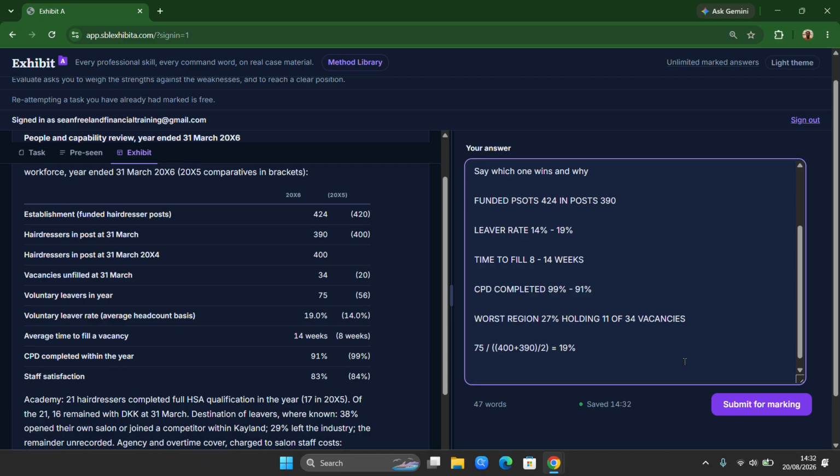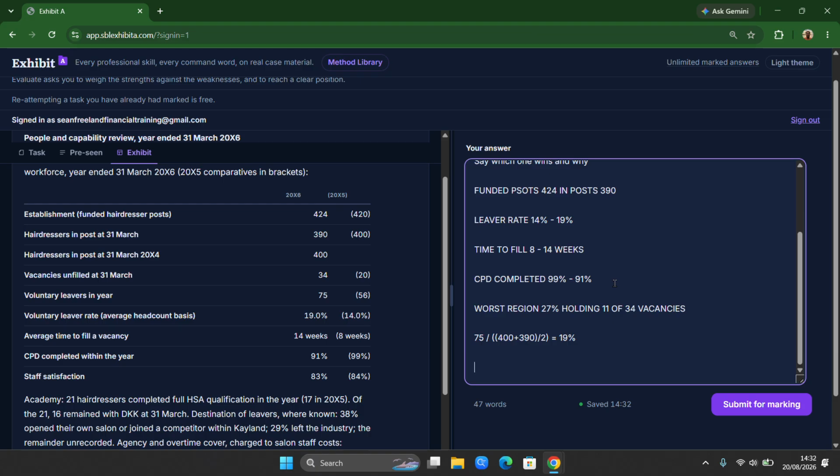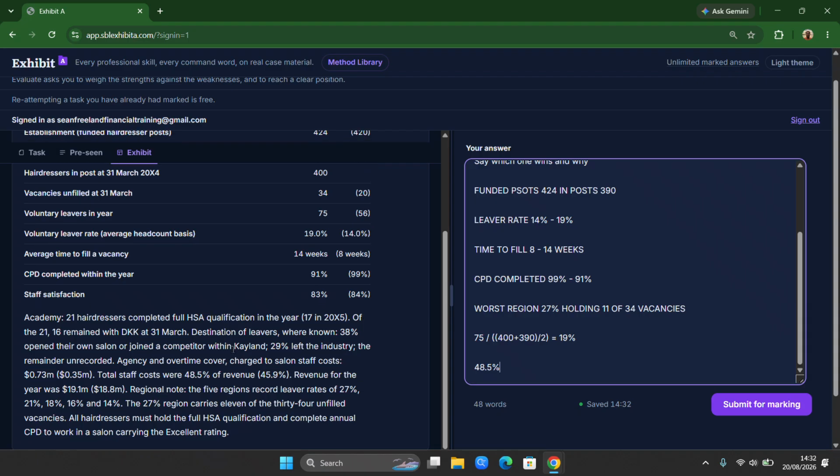Then I'm going to take the 485, which is the staff total costs, times that by 19.1 mil, and that's going to give me 92.64 mil.